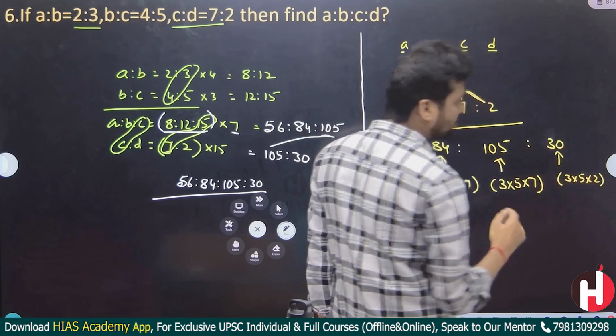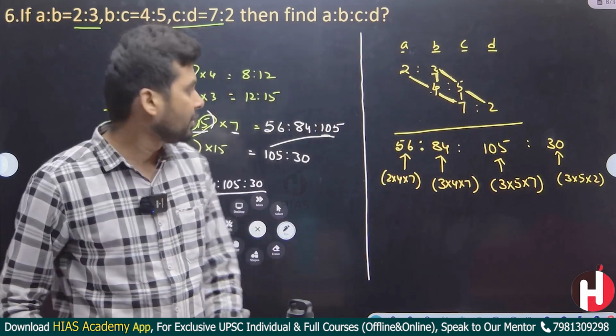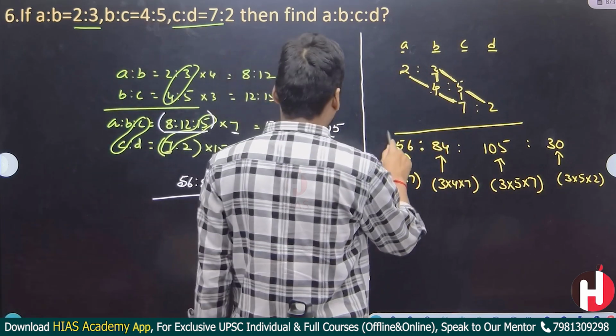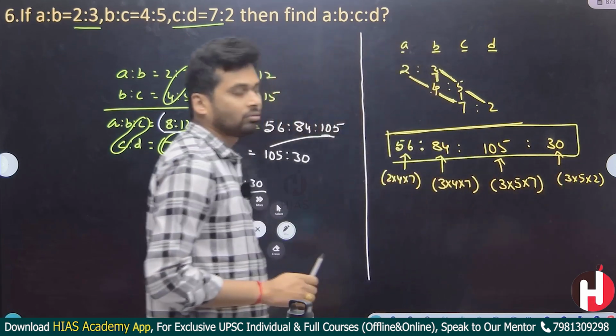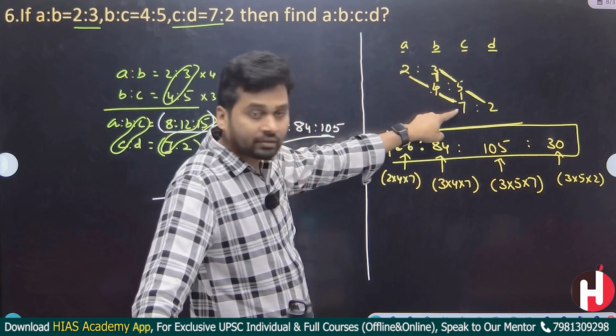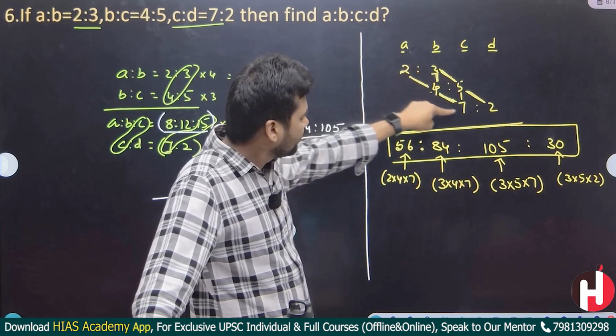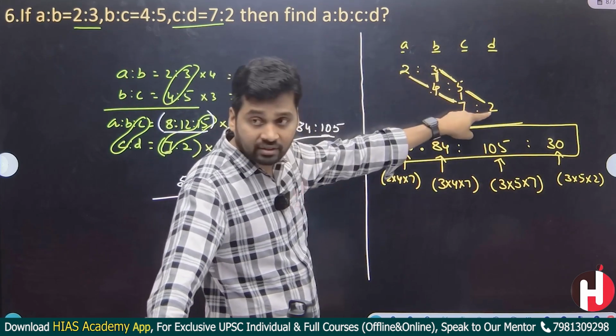This you need to practice 2-3 times. If you practice it 2-3 times, you can easily remember it. So 56 is to 84 is to 105 is to 30. The first term is 2 into 4 into 7. Next is 3 into 4 into 7. Next is 3 into 5 into 7. Last one is this.